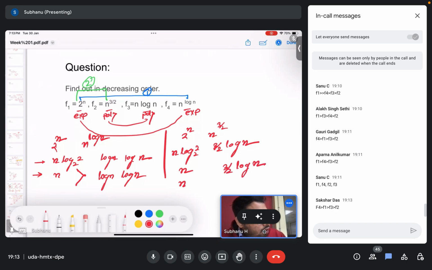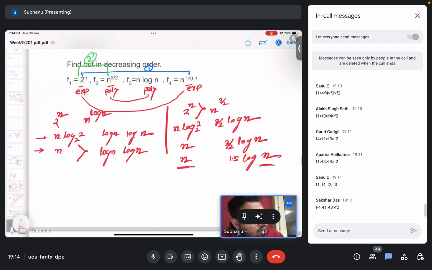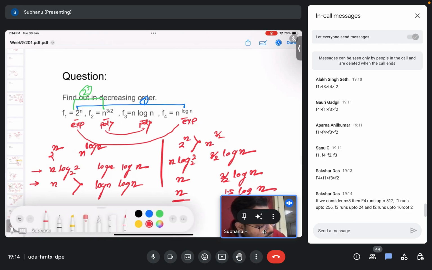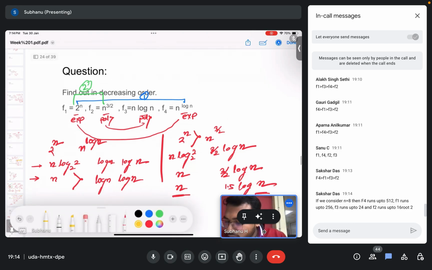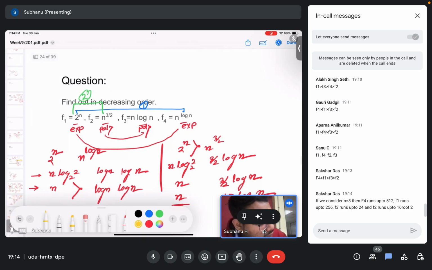So this is n versus 1.5 times log n. So n will always be greater than log n, so 2 to the power n is greater. Fine. We also have to check with n log n and n to the power 3 by 2, but we know that 2 to the power n is greater than everyone.